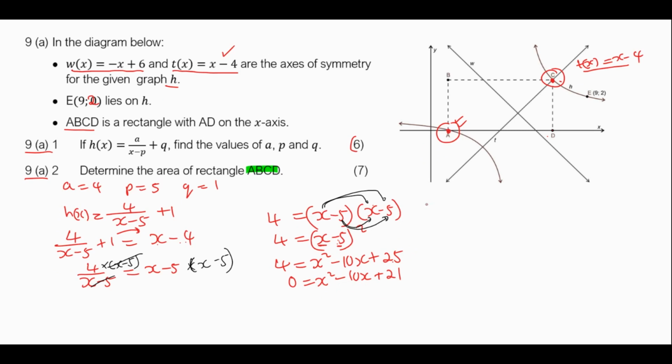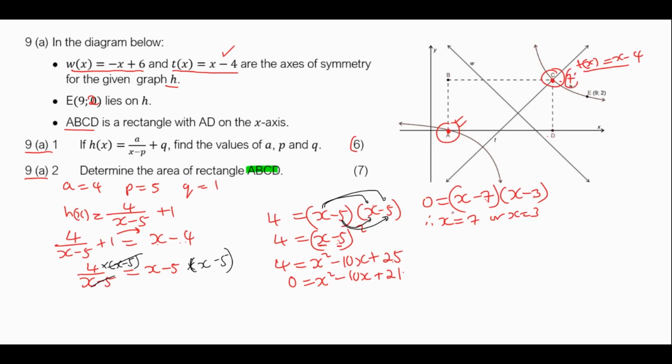So it means we have 0 is equal to x minus 7, and then x minus 3. Right? Negative 7 times negative 3, we get positive 21. Then negative 7 minus 3, that's negative 10. Okay? So it means therefore x is equal to 7 or x is equal to 3. So meaning that the x coordinate of C here is 7.